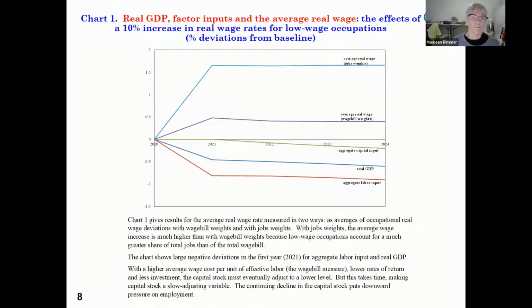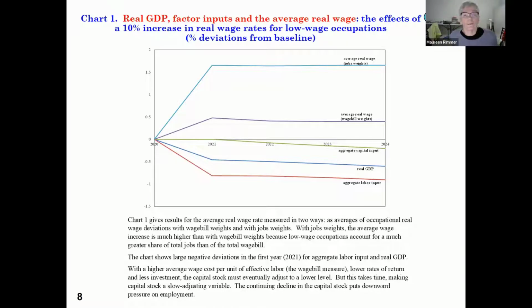This first one is where we looked at real GDP, factor inputs and the average real wage in this experiment. You can see the top 2 lines are average real wages in job weights and average real wages in wage bill weights. You see that the average real wage, this is for the economy as a whole, went up in job weights relative to wage bill weights. Why is that?